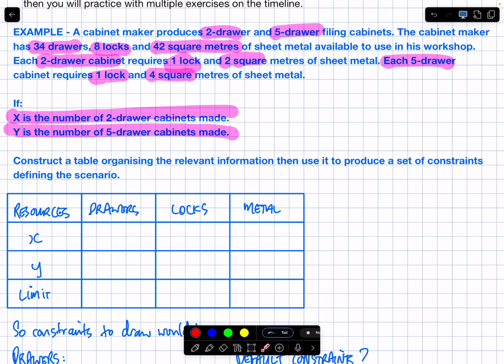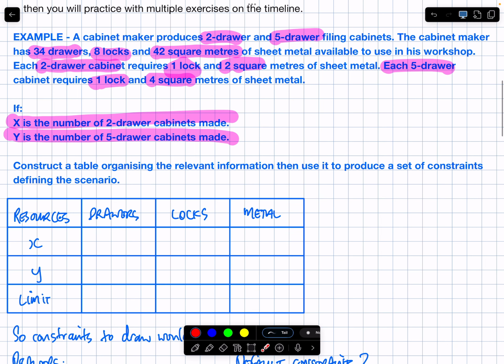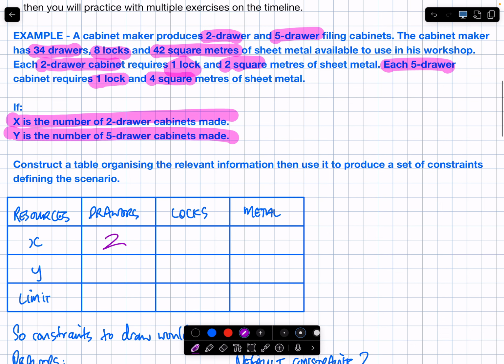If X is my 2-drawer cabinets, how many drawers does a 2-drawer cabinet take up? Anyone? I have a 2-drawer cabinet. How many drawers would it have? 2. So that resource is going to be 2. If Y is the number of 5-drawer cabinets, how many drawers would a 5-drawer cabinet have? Hopefully 5.